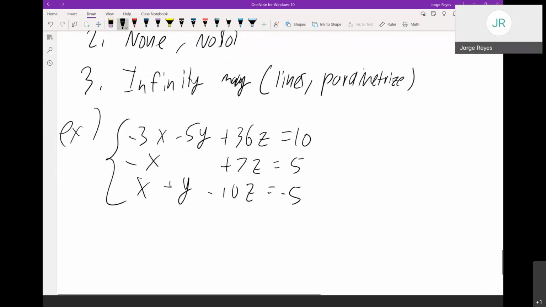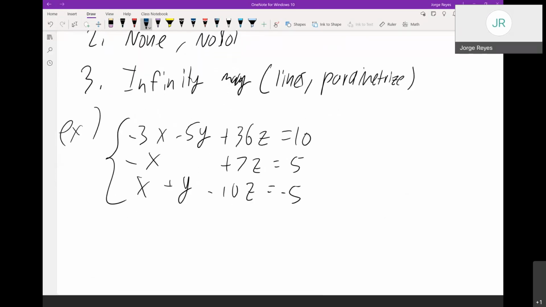Okay, so first of all, I don't know that this has no solution. But you can't just see it, right? What you're gonna do is just what you would do normally. Okay, you're gonna just try and solve it. Okay, so you're gonna make the augmented matrix.